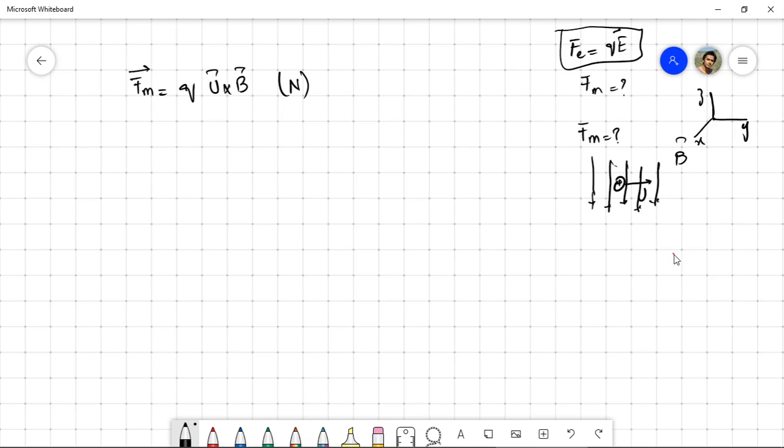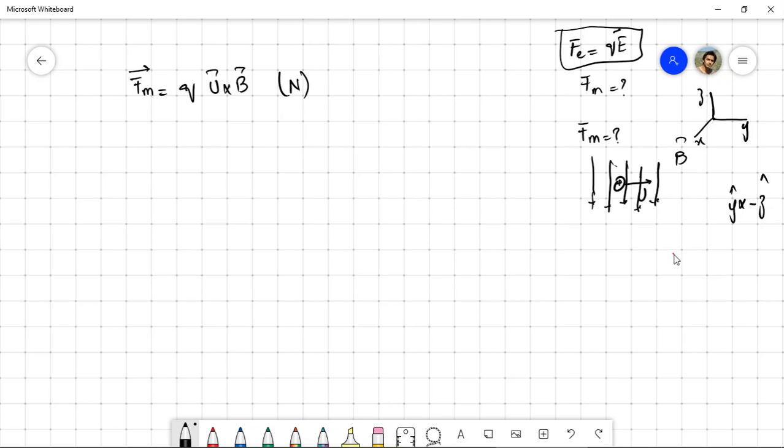So in this example, the unit vector of velocity is y hat. The unit vector of the magnetic field is minus z hat. So what will be the unit vector of the force?